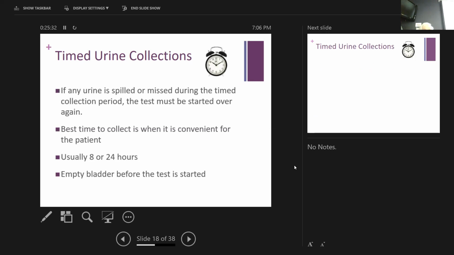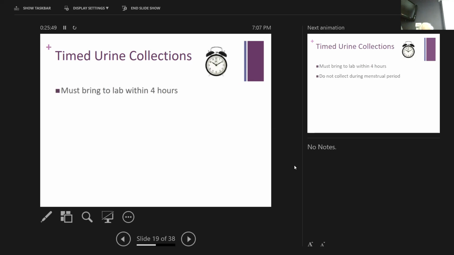Then you go for the amount of time you're supposed to, and at the end of that time, you empty whatever is in your bladder. You end with it empty, because we want to know everything in that 8 or 24-hour period.